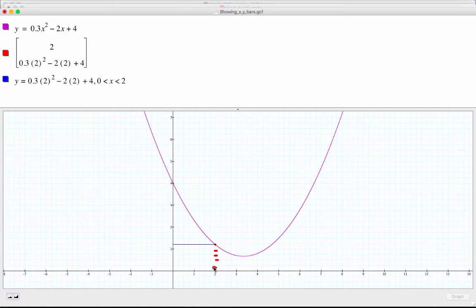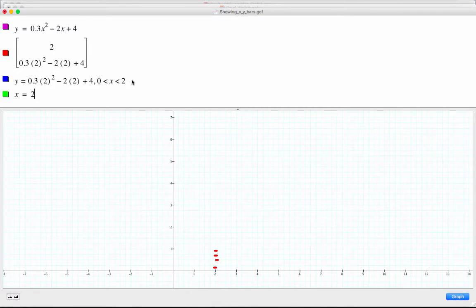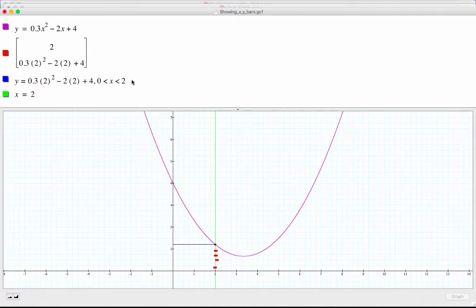What they all have in common is that the x-coordinate of all of these points is 2. So coming up here, x equals 2. Oh look, that gives me my line. But again, I only want part of it. I only want this part of it. I want y to go from 0 all the way up to, what's this?